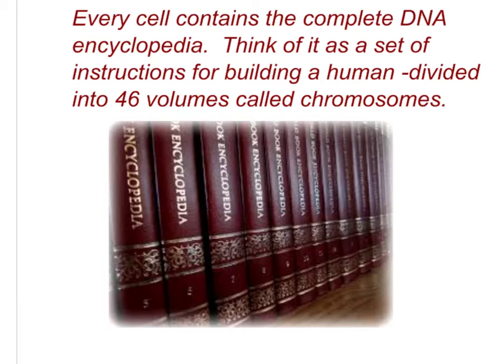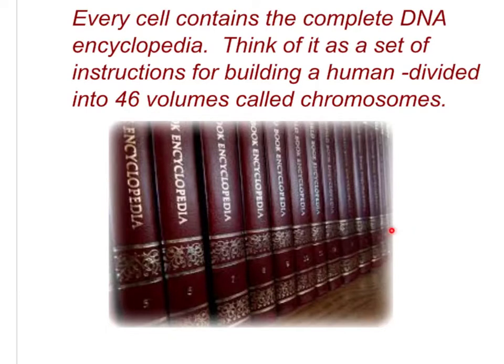Another way to think about it, and now this is a little bit outdated because we don't really use encyclopedias very much anymore, but if you think of an entire set of encyclopedias, and let's say there were 46 volumes in our set of encyclopedias, right? We could think of it like every single cell has that whole set of encyclopedias in it, right? Every cell in your body contains the entire amount of information.